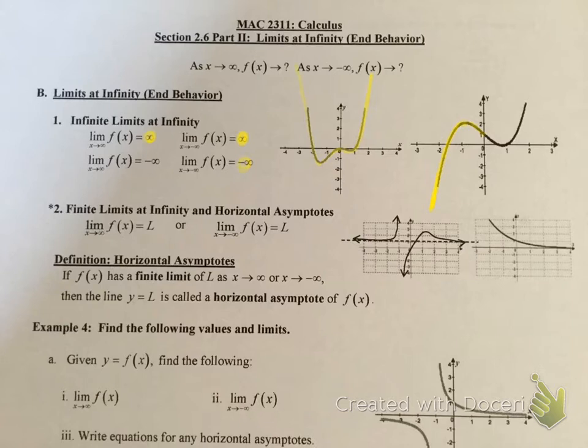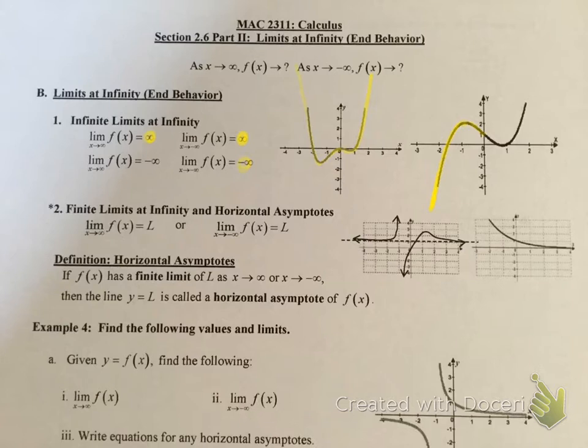Part 2 of B says find limits at infinity and horizontal asymptotes. Okay, so the limit as x approaches infinity, f of x equals L. L is going to be a constant, like 2 or 3 or whatever. Or we could have the possibility when the limit as x approaches negative infinity, the function approaches L, which once again is constant.